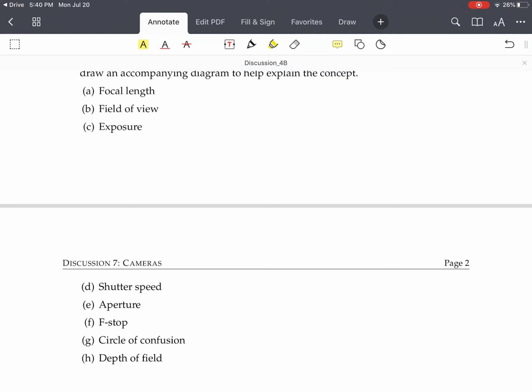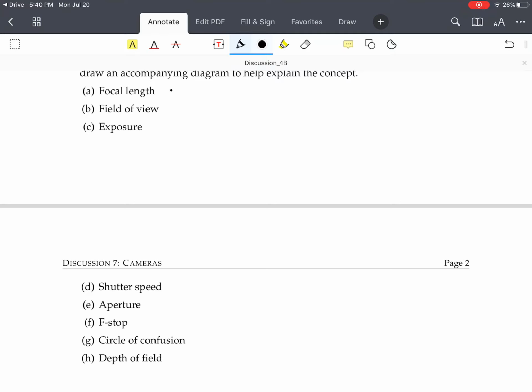I'm just going to write kind of the highlights of what each of these terms are. I'm not going to go into too much depth here. Read the answer key for more in-depth information. Okay, so let's get started. A, focal length. So what is the focal length?